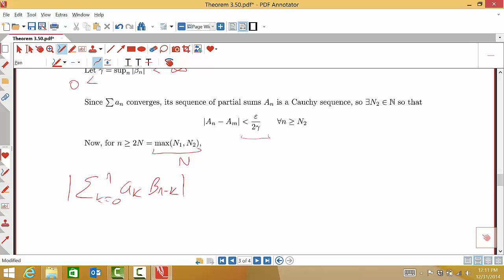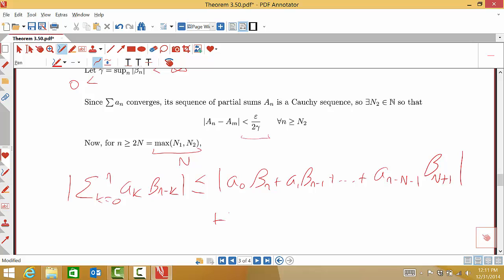Now what I'm going to do is break this up into 2 pieces. I'll use the triangle inequality. I'm just going to take the first few terms here. I'll have a0 times beta sub n plus a1 times beta sub n minus 1, and I'll keep going. I'll pick off about the first capital N terms. So I'll get down to a sub little n minus capital N minus 1 times beta sub capital N plus 1.